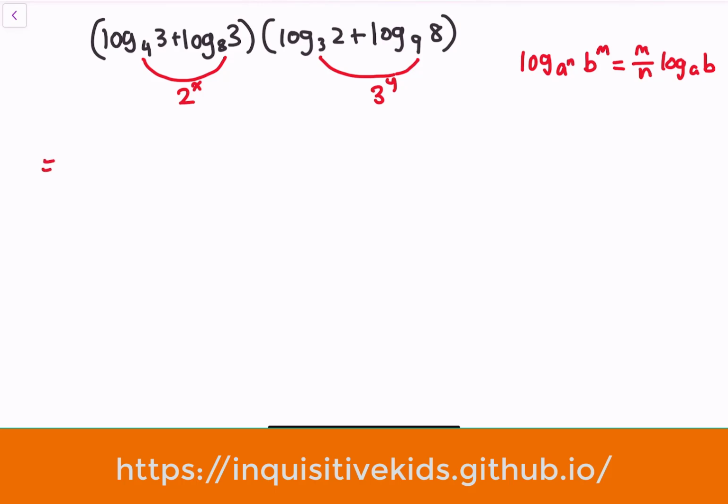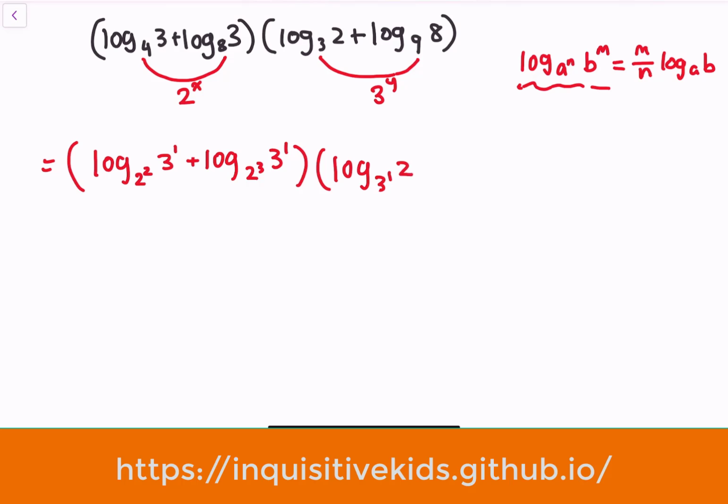For example, we can rewrite log base 4 of 3 as log base 2 to the second power of 3 to the first power. We're trying to get it in the format of this. Now we can go ahead and apply our property.